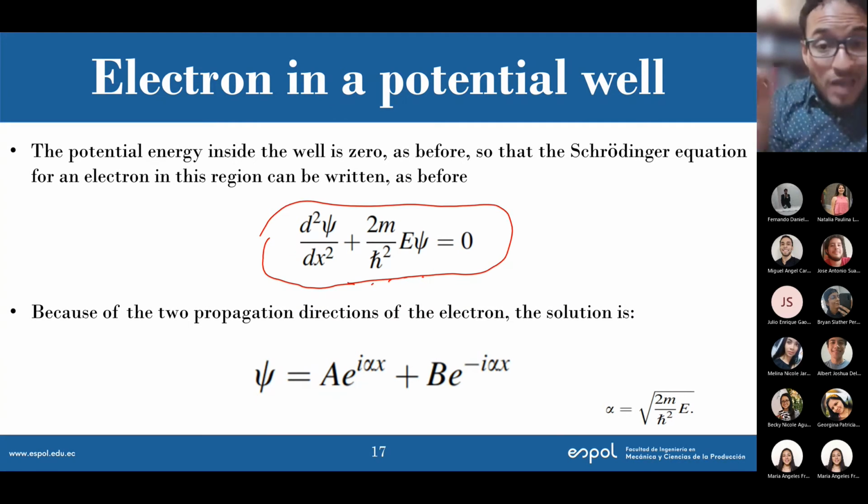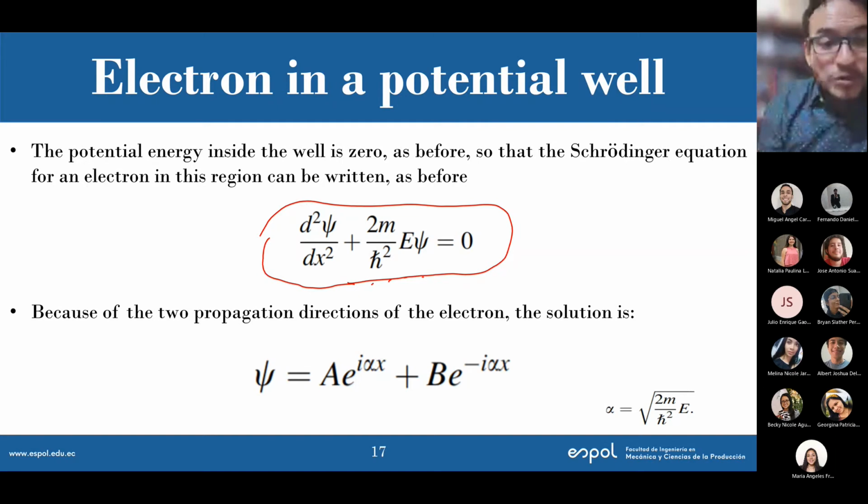So an electron in that well, in that region, it's written as before. It doesn't change. What changes definitely is the solution, as Miguel said. Because now I have two boundary conditions, and therefore I will have another constant for sure.